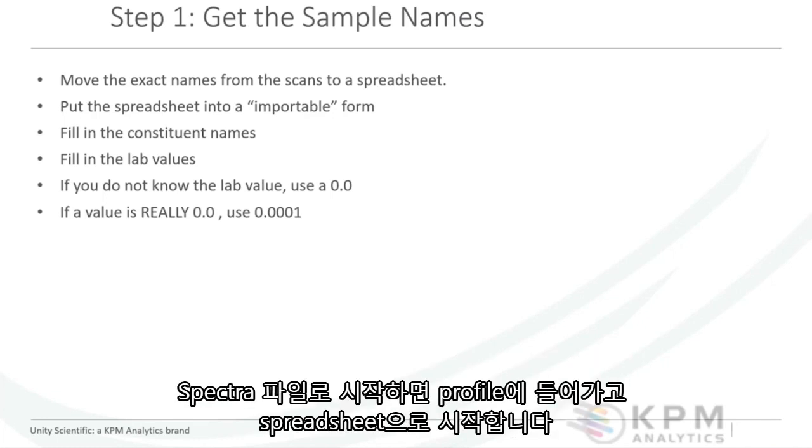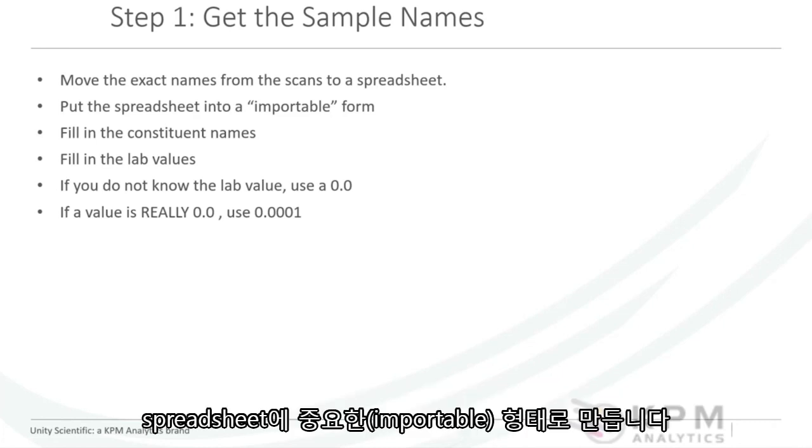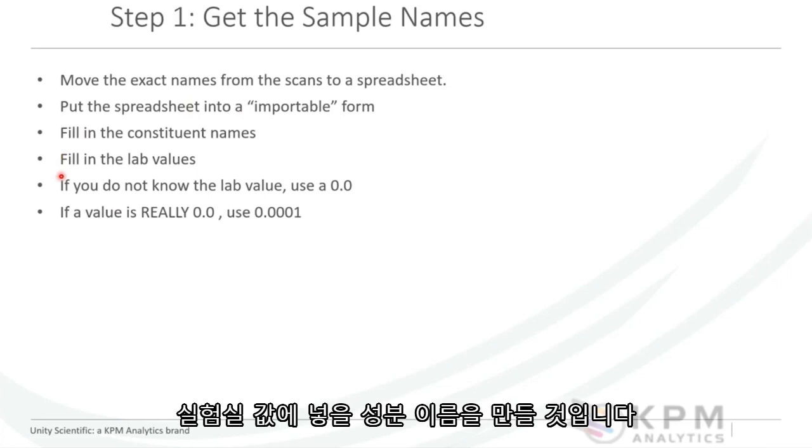If you start with your spectra file, you can go in and make the beginnings of a spreadsheet, okay? And you can put it into an importable form. The process is you're going to make the spreadsheet, you'll make your constituent names, you'll put in your lab values.